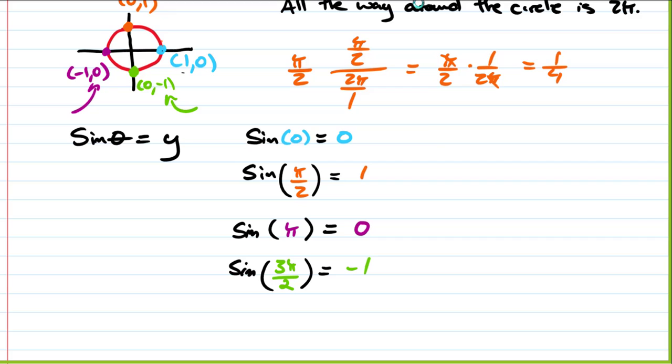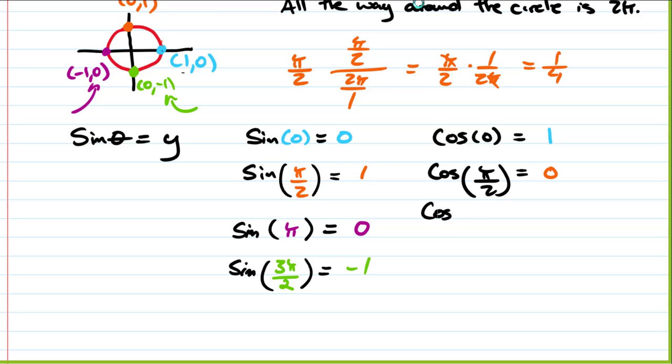So as a bonus, we weren't asked this, but then what's the cosine of 0 going to be? Well, cosine is x, so cosine of 0 would be 1. The cosine of pi over 2 is going to be our x-coordinate up here. So in orange, our x-coordinate was 0.